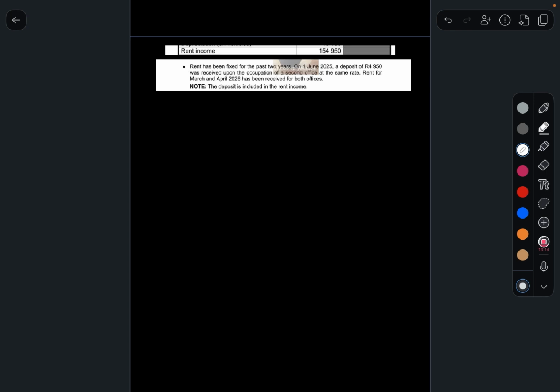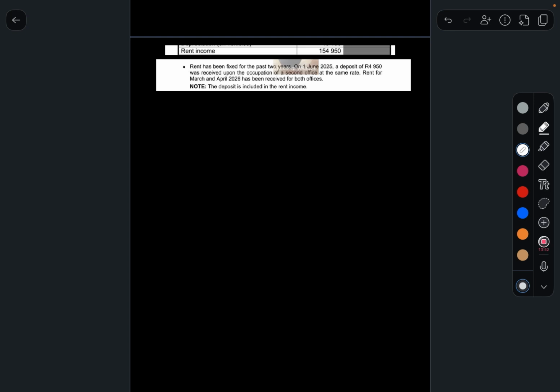It's fine. So they say rent. It's a rent income. Rent has been fixed for the past 2 years. On the 1st of June 2025, a deposit of 4,950 was received upon the occupation of a second office at the same rate. So what they're saying is that another office was rented out, right?